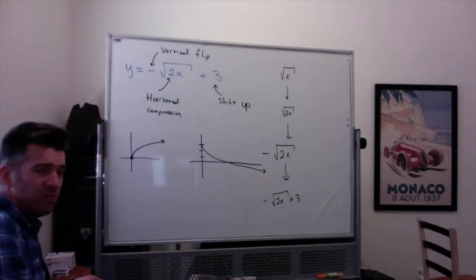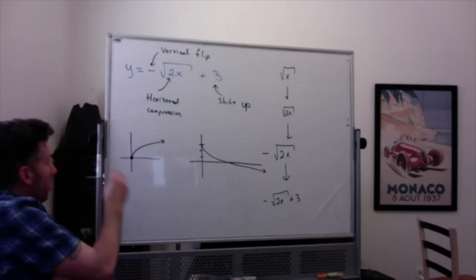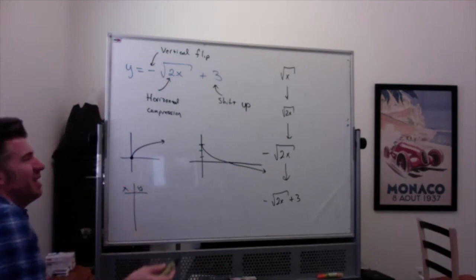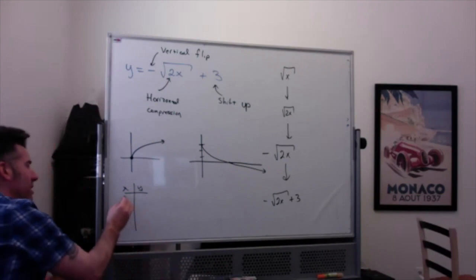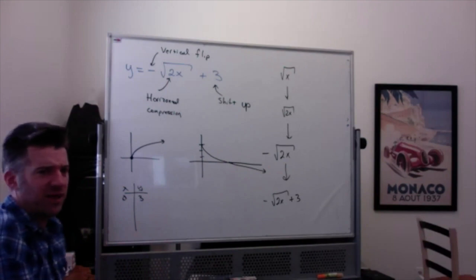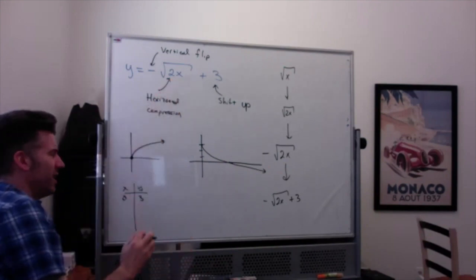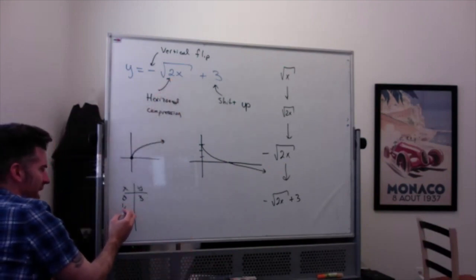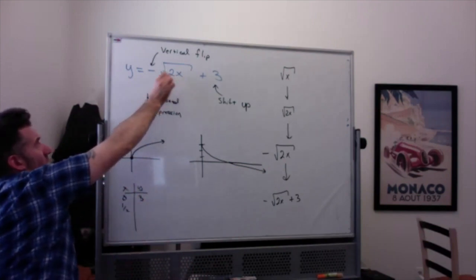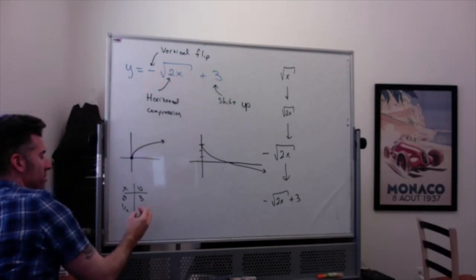We could plot some points if we really wanted to. We could pick some easy values of x, but that's not really the point. You could pick x equal to 0, you get y equal to 3. Here I have to be a little careful. If I want to take the square root of 1, I have to let x equal 1/2. If x is 1/2, I get the square root of 1, which is 1, minus 1 plus 3 is 2.